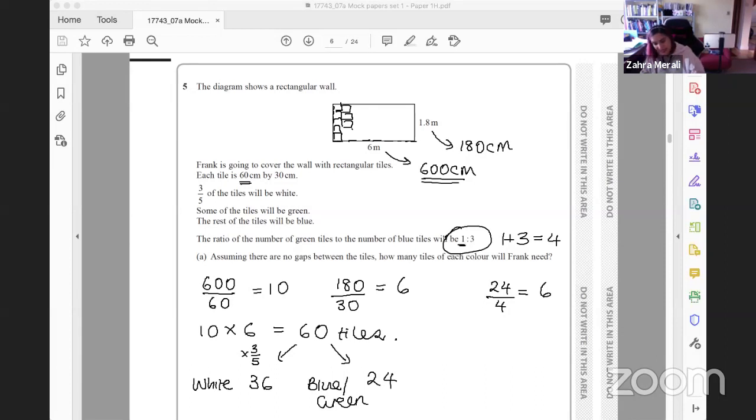So that tells us how many green tiles we're going to have. So that 24 is split into 6 green and 18 blue. So I know that's quite a long question, but you've got to think about it step by step. So your answer would be there are 36 white tiles, 6 green tiles, and 18 blue tiles.